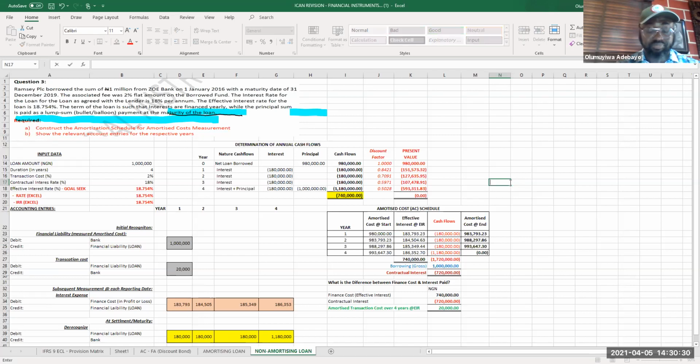Any question? Now we can see how we make use of amortized cost. That's how we make use of amortized cost.